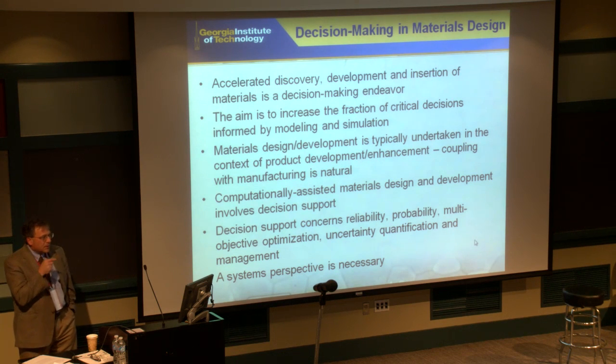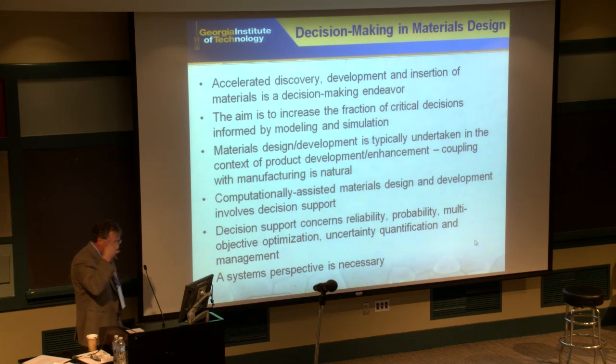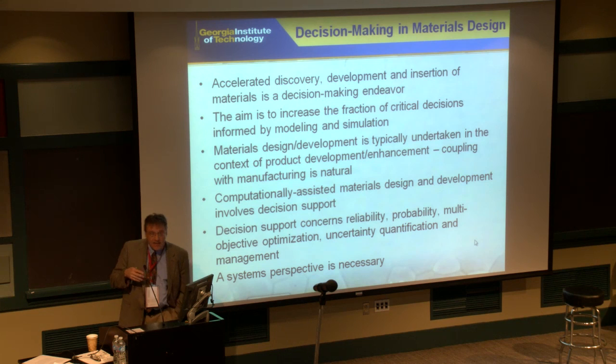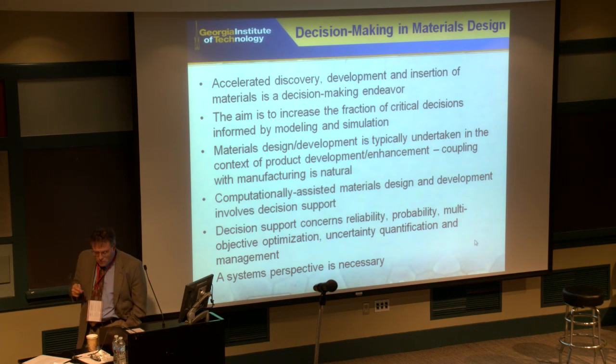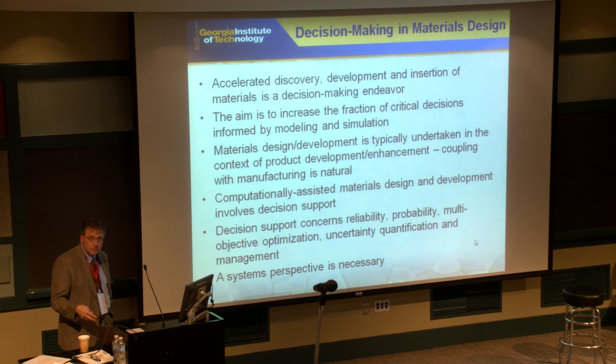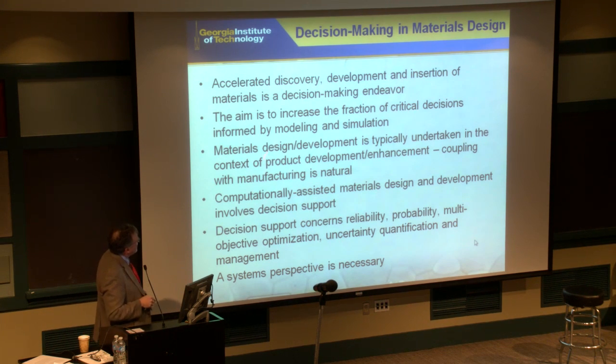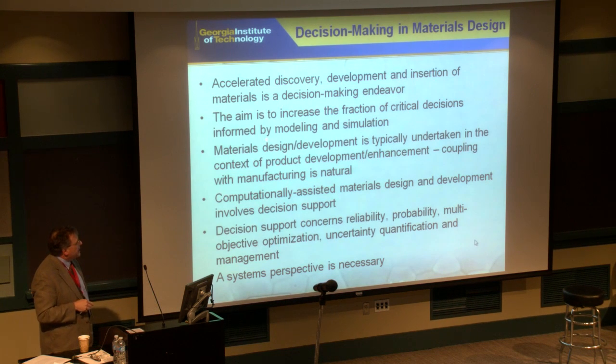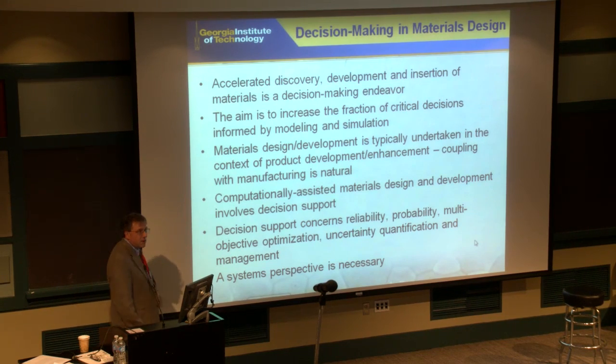So a few comments about materials design in this context of uncertainty and decision-making. We view materials design largely as a decision-making enterprise. You're gathering information from the laboratory, from experience, and from computational simulations. So really it's a decision-making endeavor, and the aim is to increase the fraction of critical decisions informed by modeling and simulation.